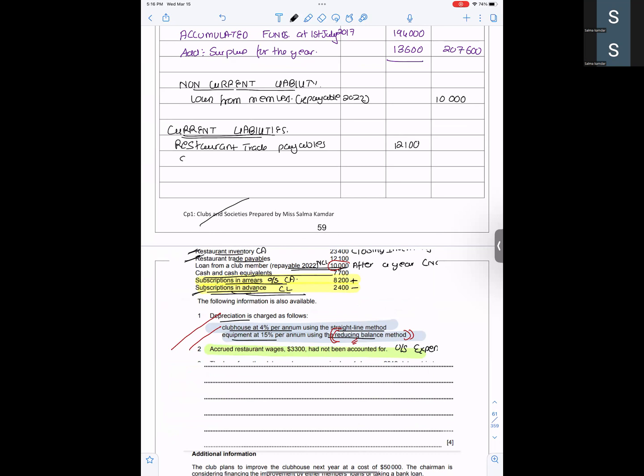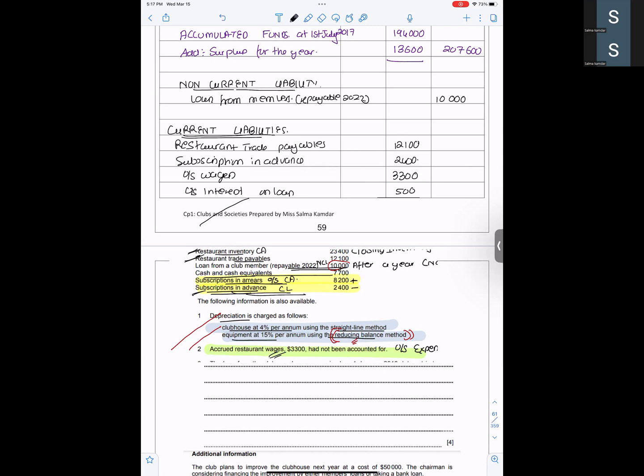Pre-received income, it is subscription in advance, which is 2,400. I have outstanding wages, 3,300. And there was also outstanding loan interest, fifth adjustment, outstanding interest on loan. So this is 500.